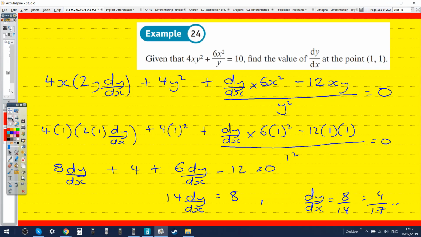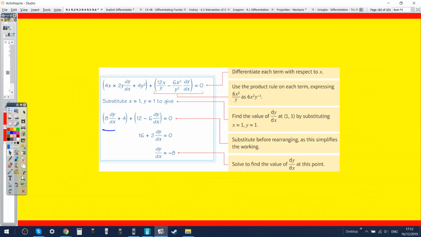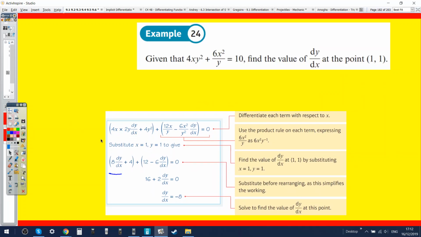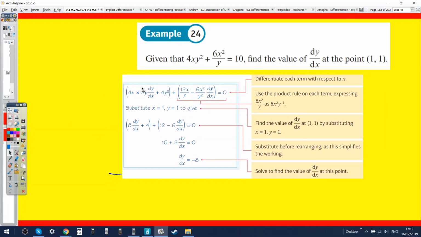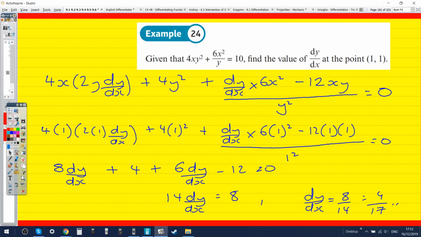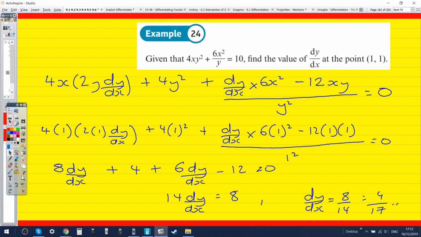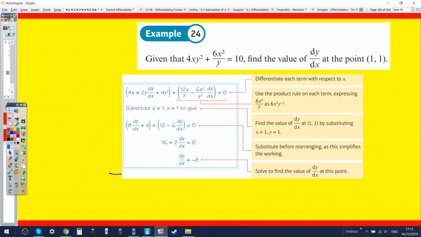Let me copy this so I can look at it. 4x times 2y dy dx plus 4y squared plus 12x minus 6x.